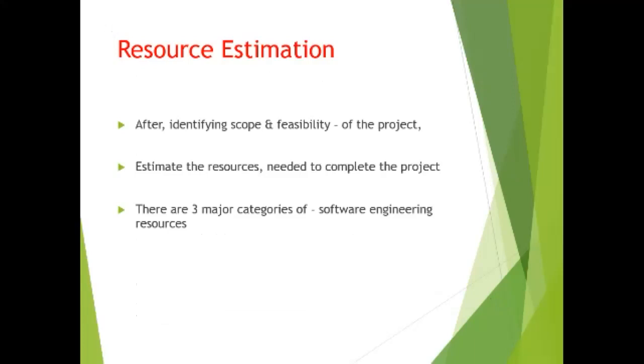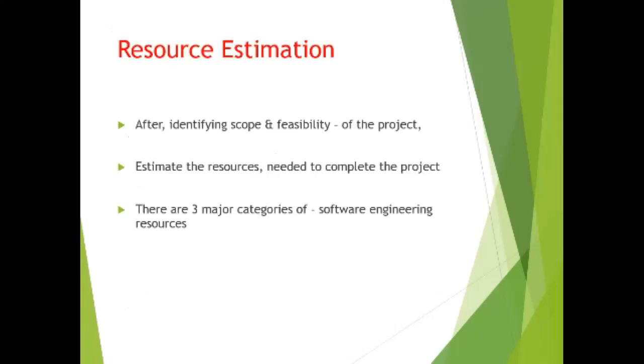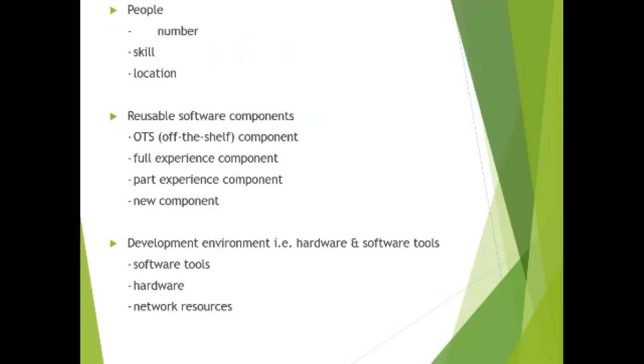Resource estimation. After identifying the scope and feasibility of the software, estimate the resources needed to complete the project. There are three major categories of software engineering resources. First, people: number, skill, location. Next, reusable software components: off-the-shelf components, full experience components, partial experience components, new components.